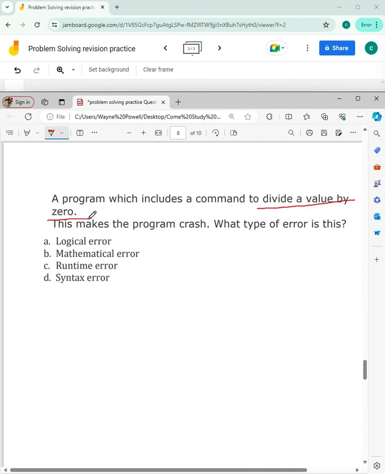Divide by 0 is an error which would cause the program to crash. Which error is that? If you said runtime error, then you're correct, because runtime errors are errors that cause the program to crash. So it will run, but when it gets to that line, it will crash.